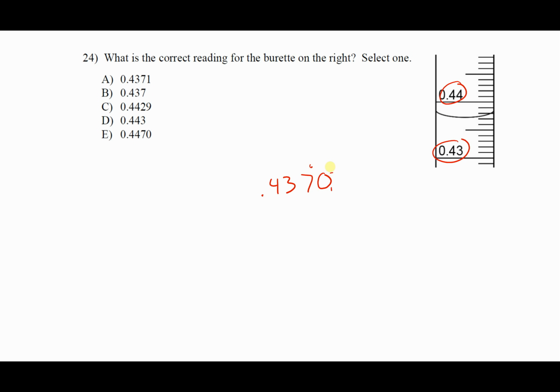This could also be 6, 9, right? Go up or down. So let's see. It has to be greater than 43, so all those are out. It cannot be this one because you need one more decimal place, right? Because that 7 or 6 would be certain. So that's wrong. So the only one that has the correct number of sig figs is this answer. And so yeah, it could be that one too.